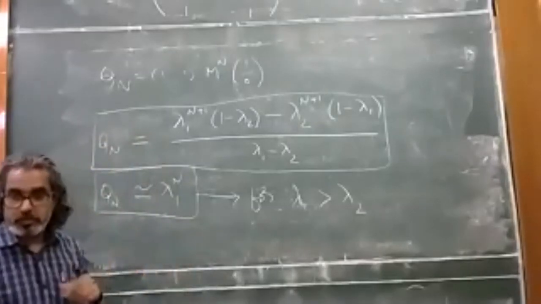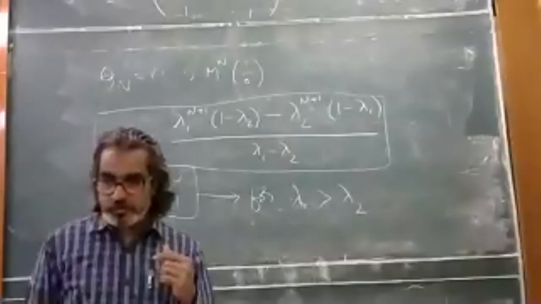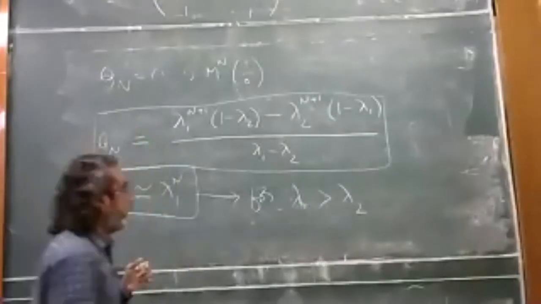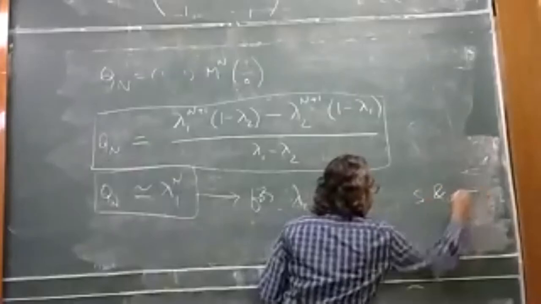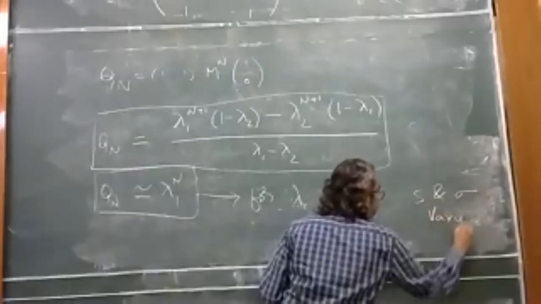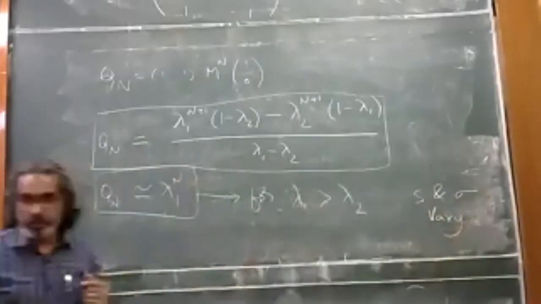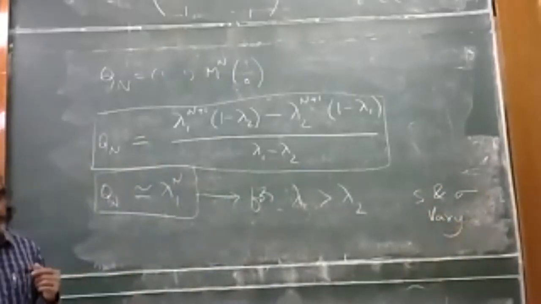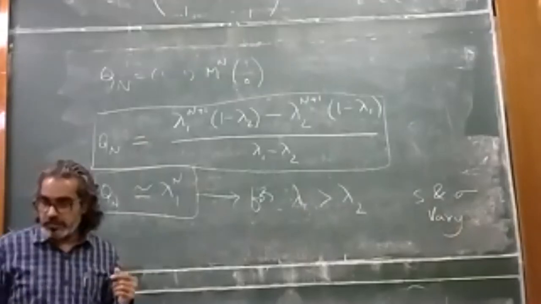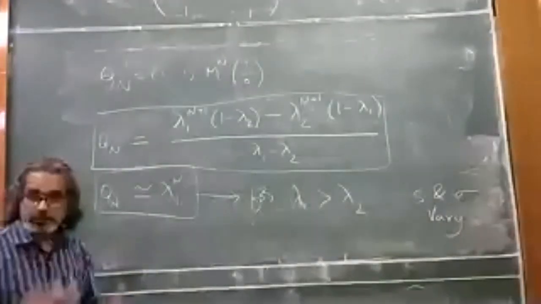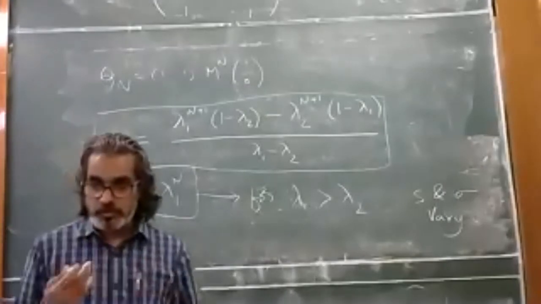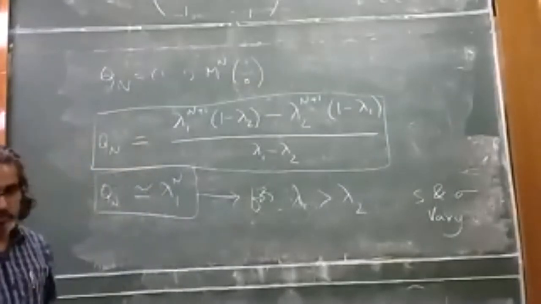In the next class we'll compare how S and sigma vary, and how the helix propensity changes in an n-segment peptide.